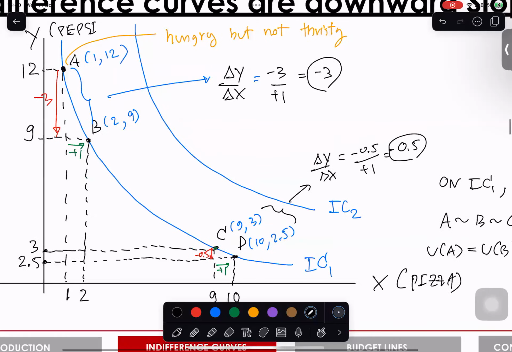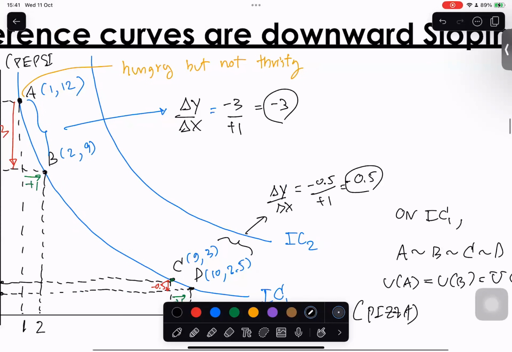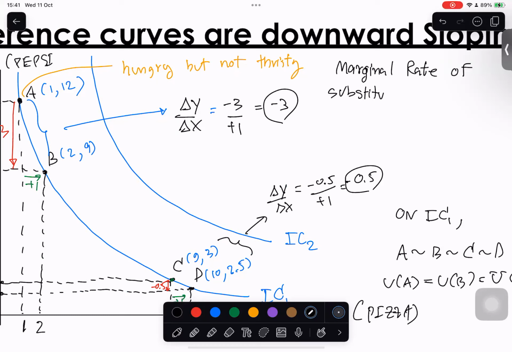And you understand the contents of this already. Now I put elegant words to this. This rate has a name. It's called marginal rate of substitution, MRS, between the two goods, MRS XY.